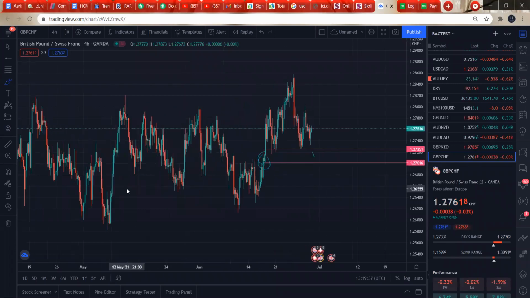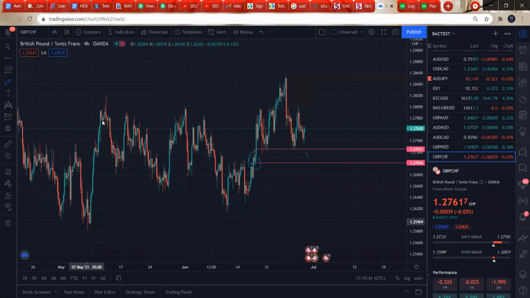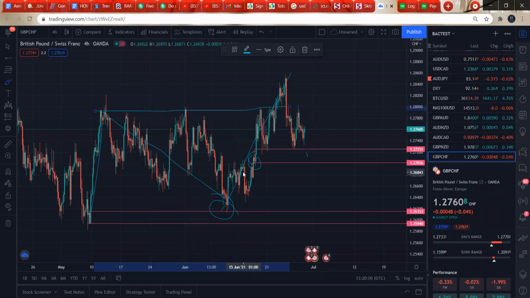So if you check, let's say something like this, you had a strong impulse up, and on this strong impulse up, the last candle, which is this one, you see, it came back to be tested, and then up, we broke structure via this move.